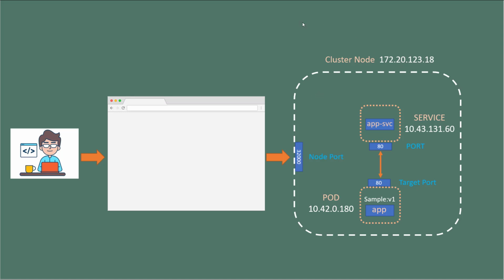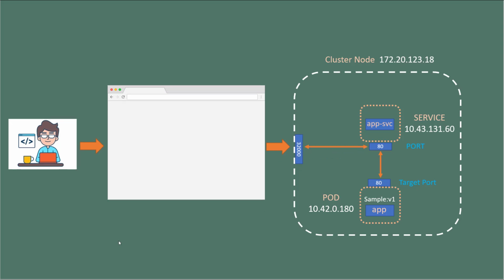When we bring up a node port service, the service attaches a port to the cluster node, with a one-to-one mapping between the service and that port. The problem is solved, and from the external, we just type the IP address of the node and, using the node port, we can access the application.